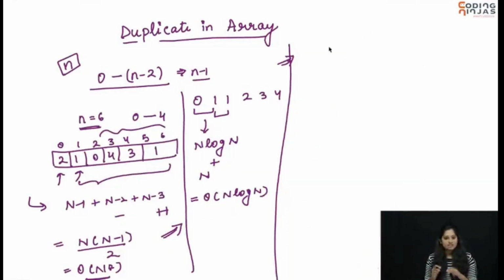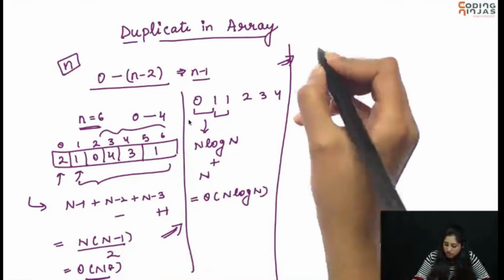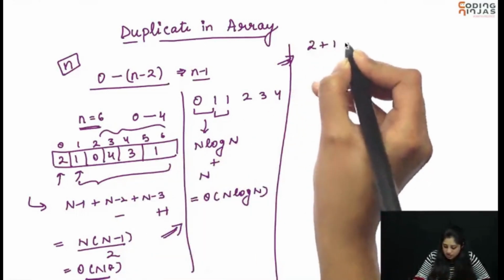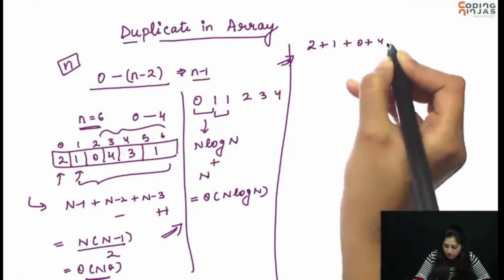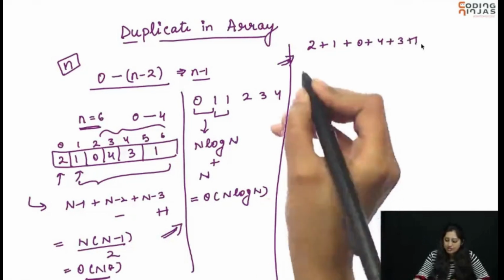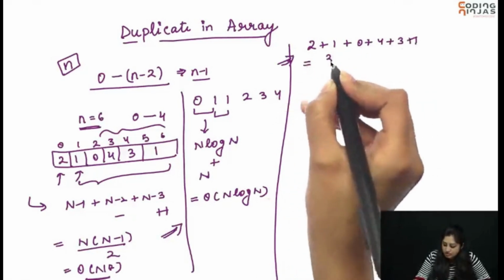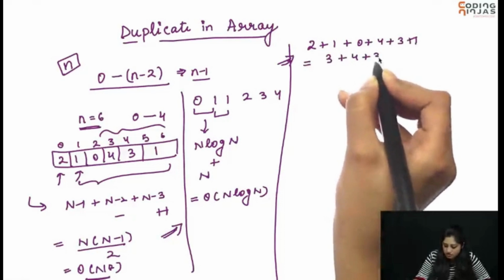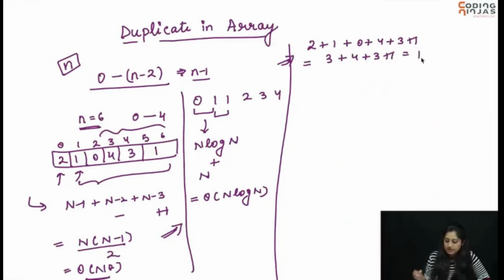Let's do one thing. Let's find out sum of all elements in the array. So sum of all elements in the array is 2 plus 1 plus 0 plus 4 plus 3 plus 1, right? This is what the sum is.